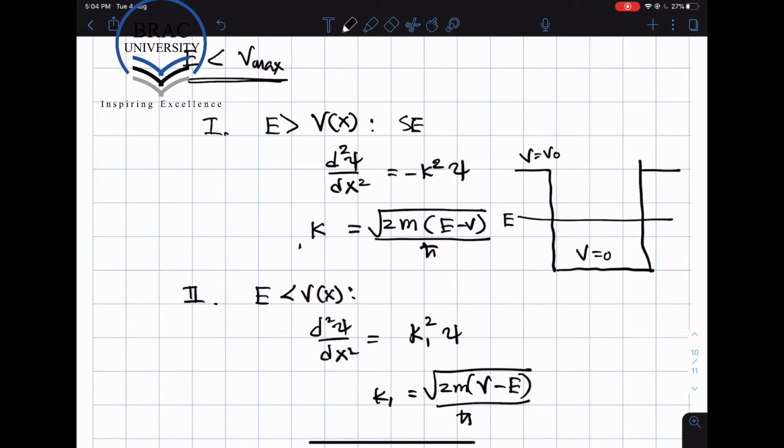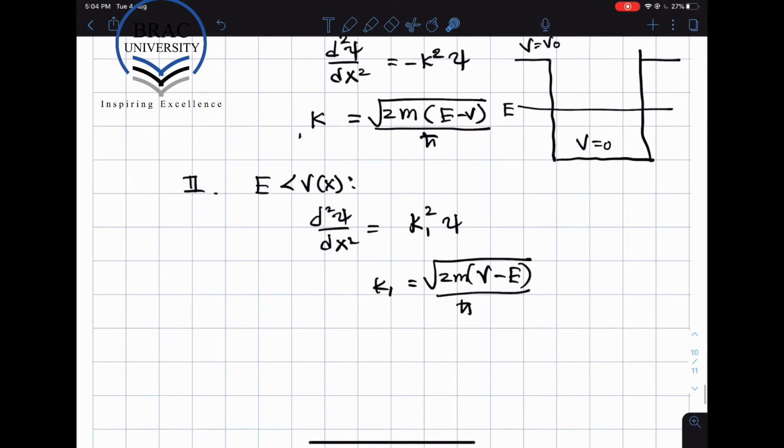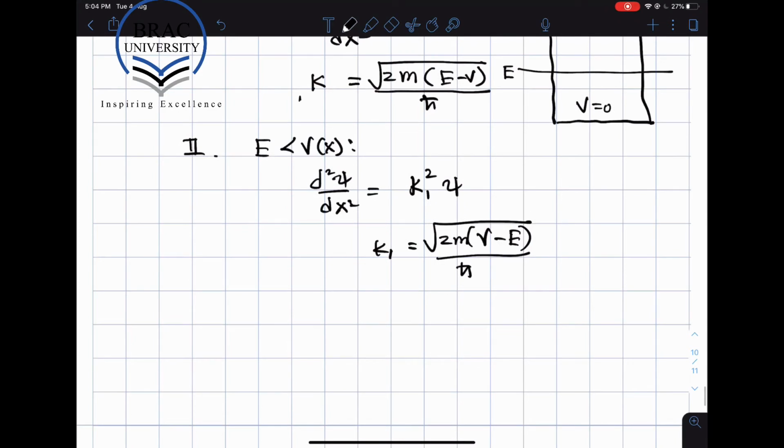So in region 2, that is in this region and this region, the second form of this Schrodinger equation is going to be valid.